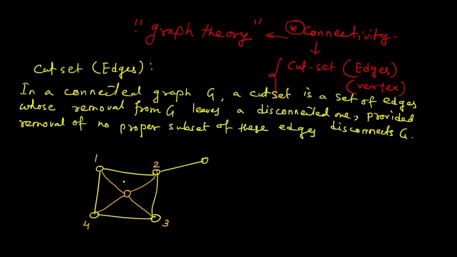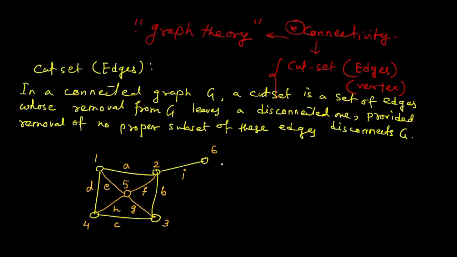Here you have 5, and here you have 6. Now put the labeling of the edges: this is edge A, this is B, C, D, E, F, G, H, and I. Suppose this graph we are considering.